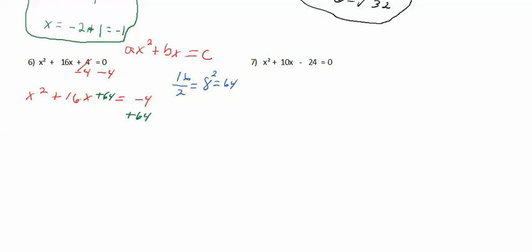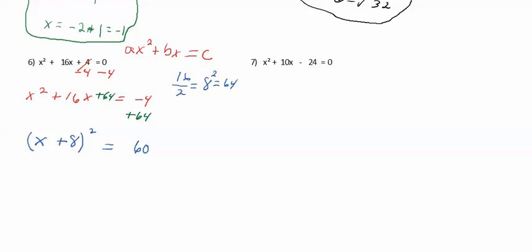Okay, in this one I just created a perfect square trinomial. So I've got x plus 8, in parentheses, squared, is equal to 64 minus 4, which is 60.